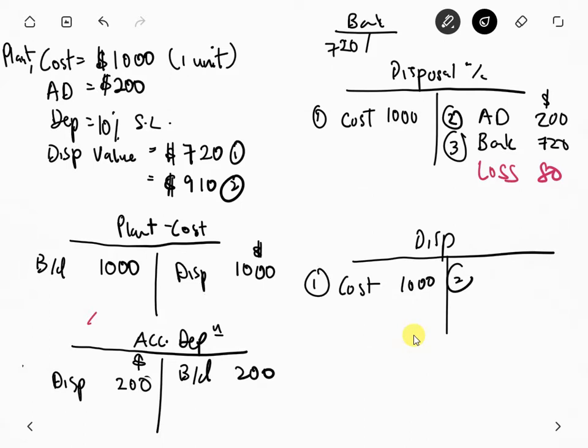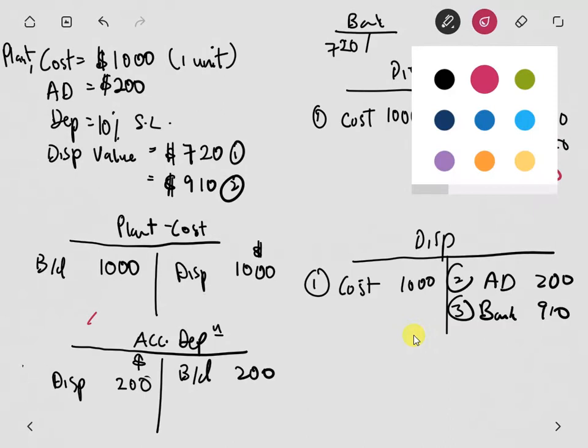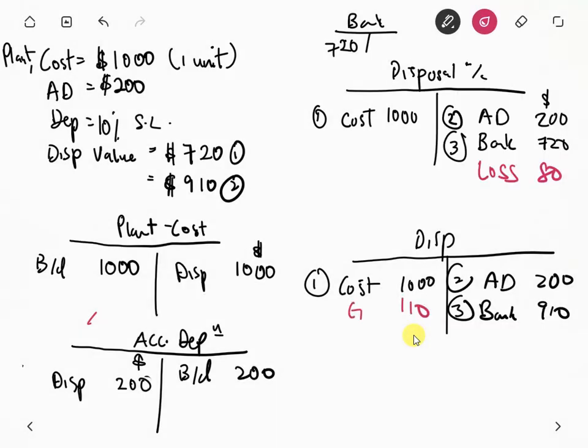So debit, credit. 1 and only asset, net book value 800. I sell it for 910. Debit bank, credit. So 110 is a gain.